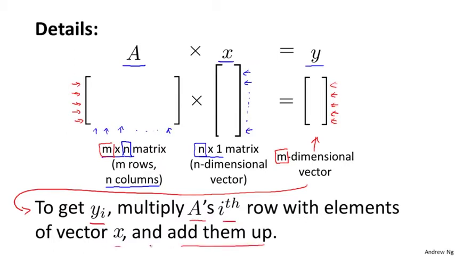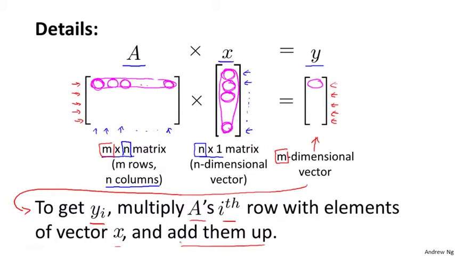In order to get the first element of y, that first number, whatever that turns out to be, we're going to take the first row of the matrix A and multiply them one at a time with the elements of this vector x. So we're going to take this first number, multiply by this first number, then take the second number, multiply by this second number, take this third number, whatever that is, multiply by the third number, and so on until we get to the end.